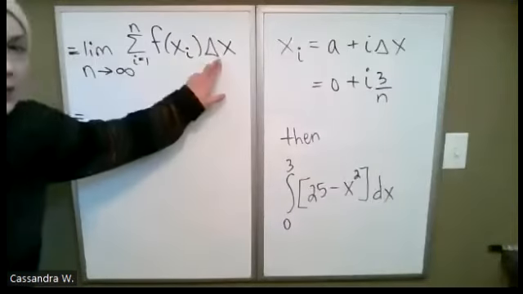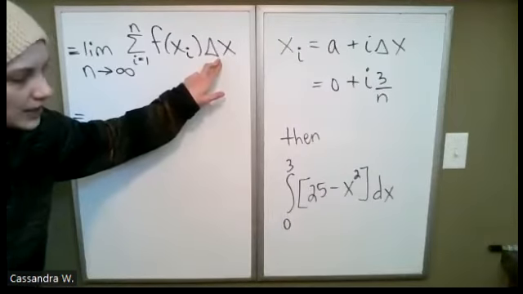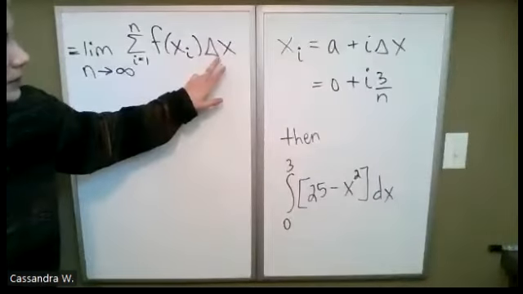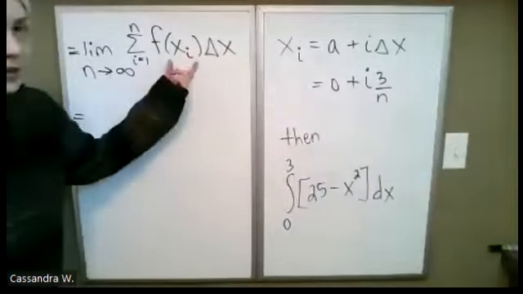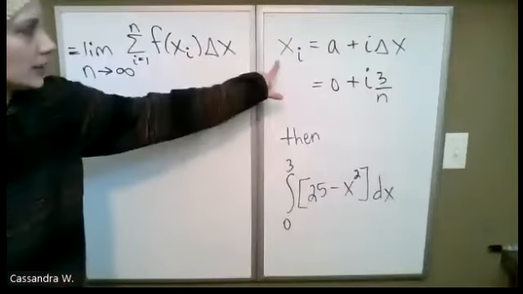Delta x is just 3 over n. And then we're going to put in our x sub i's, this value.